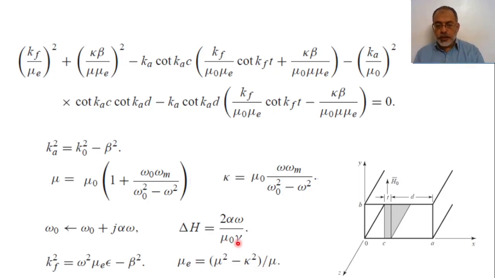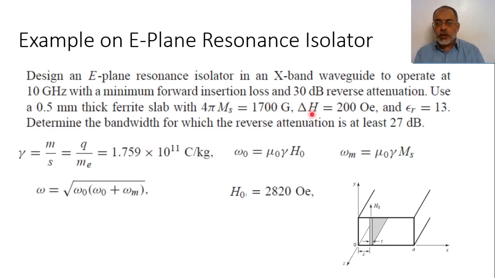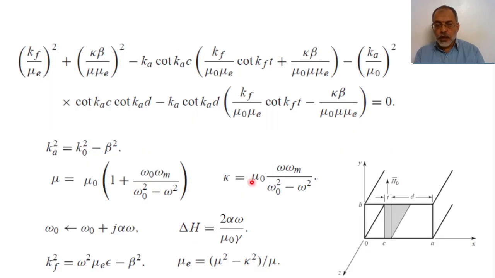So we can replace alpha omega by delta H multiplied by mu naught gamma over 2, and already we have the line width delta H is 200 oersted. So from this we can obtain the value of alpha omega in terms of the line width.